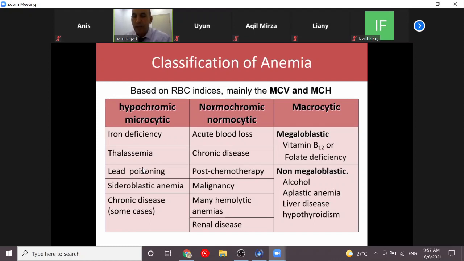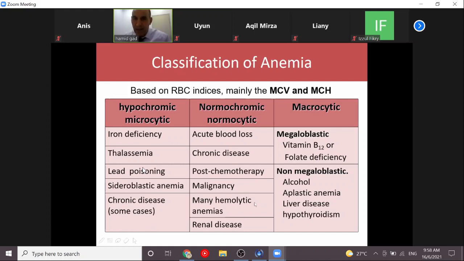Post-chemotherapy, you know that this patient had chemotherapy or has malignancy. If there is none of these, you have to think of hemolytic anemia, meaning something is damaging the red blood cells after they are produced from the bone marrow. It's not in the bone marrow, it's in the peripheral blood. Clear? So normochromic, normocytic, think of hemolytic anemia.